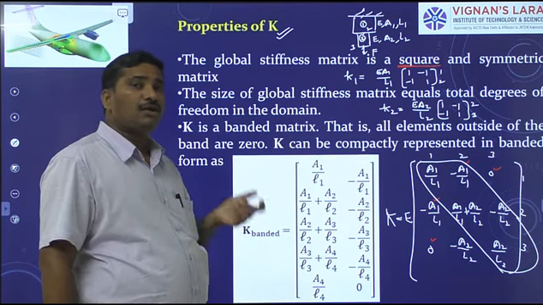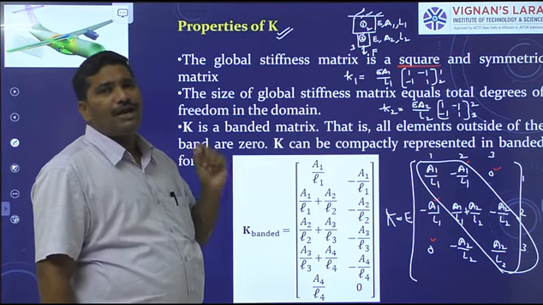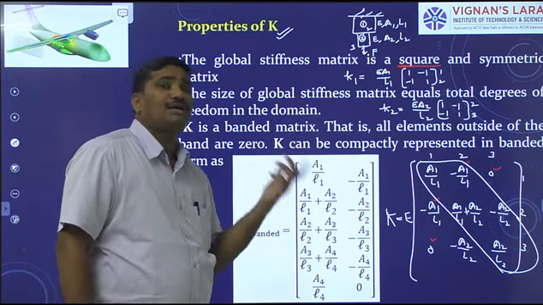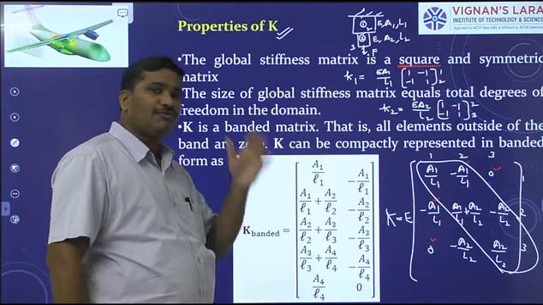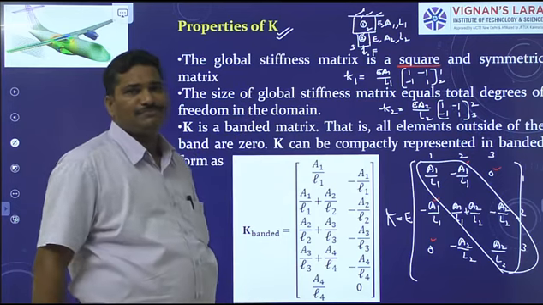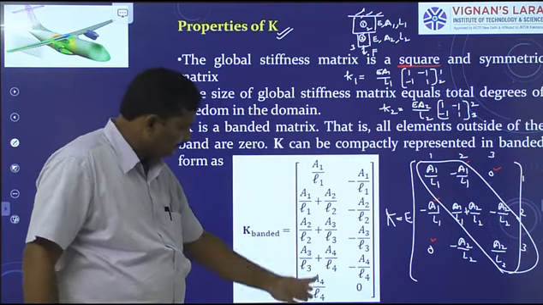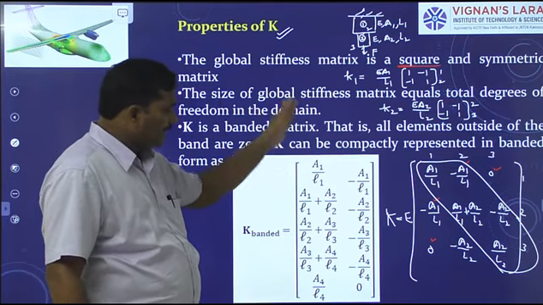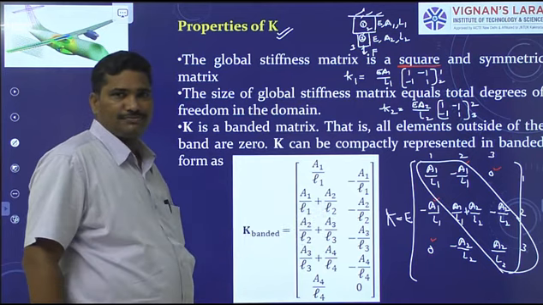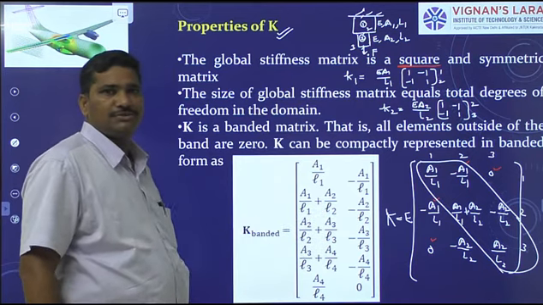Next, for the third element, node 3 is the first node of the third element and node 4 is the second node of the third element. With this information, if you prepare the global stiffness matrix and observe K banded, you get like this.